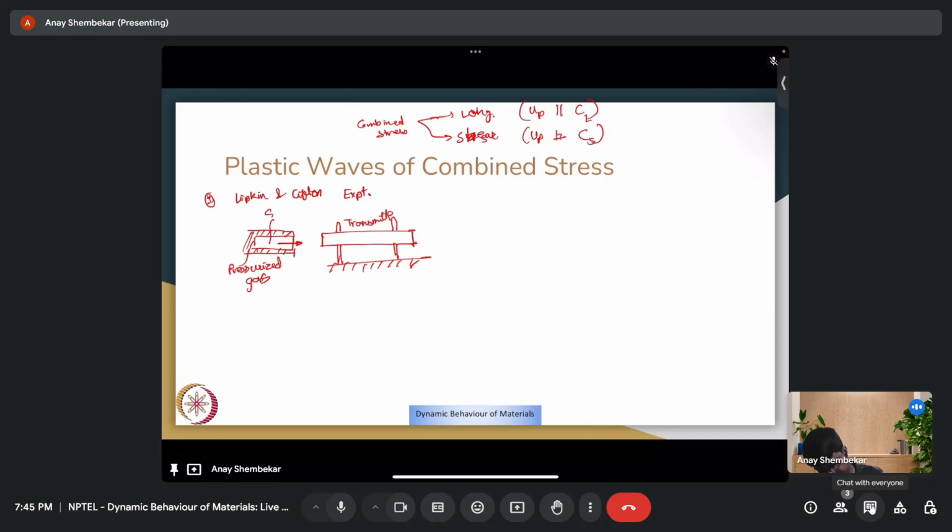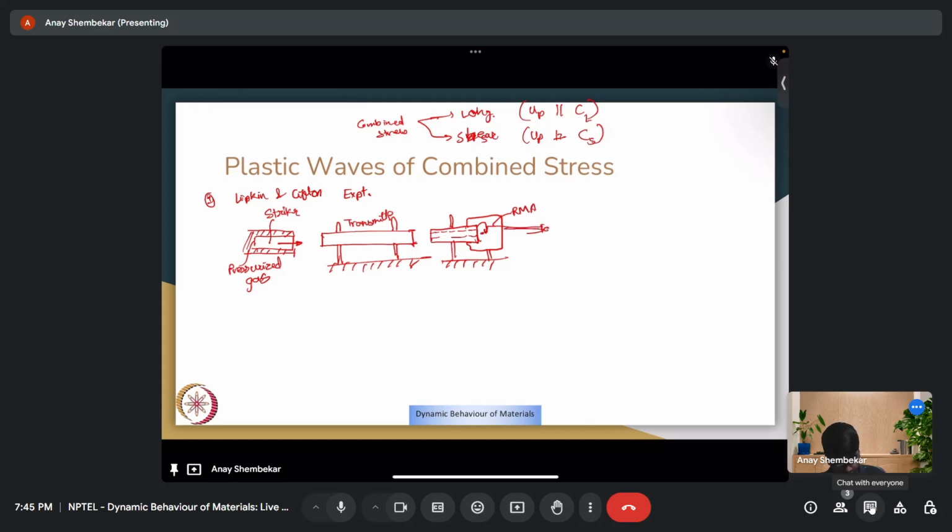This is my striker bar. This is my specimen. The specimen is a thin hollow tube which is being held by a rear mount assembly, RMA, and it is torqued. So there is a torque applied.